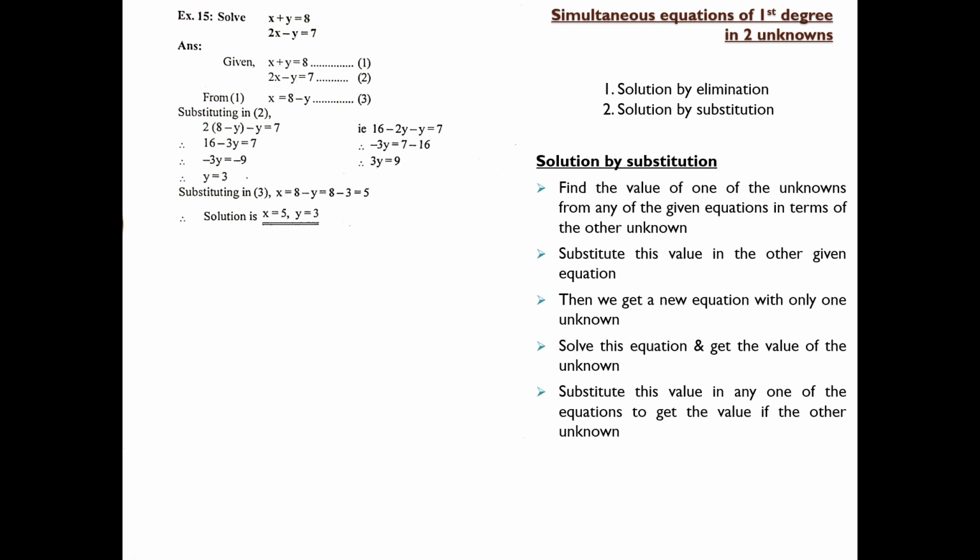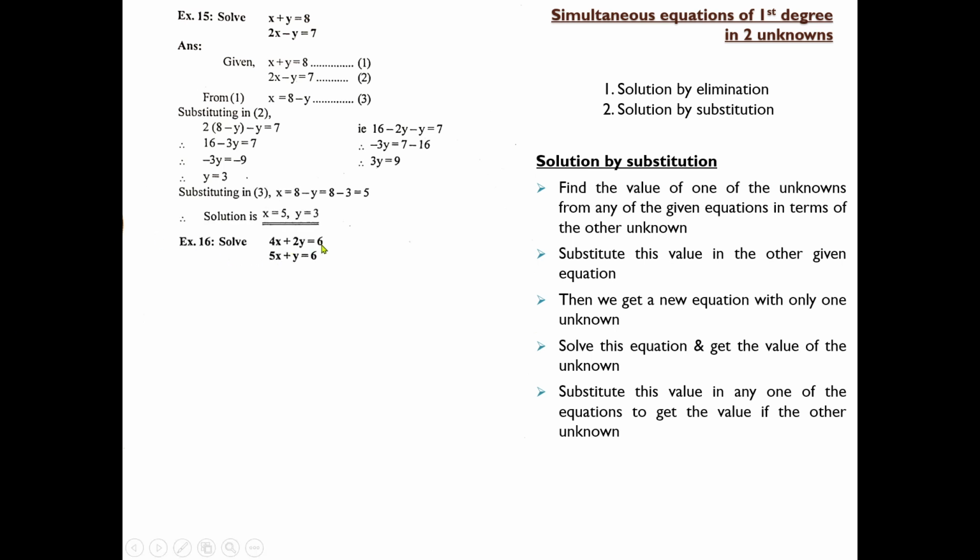But if there is any specification given in the question that you need to solve it using a particular method, in that case you have to follow the method specified in the question. Otherwise you can follow any method which you are aware of. So you got the value x equal to 5 and y equal to 3. And next let us discuss another case.